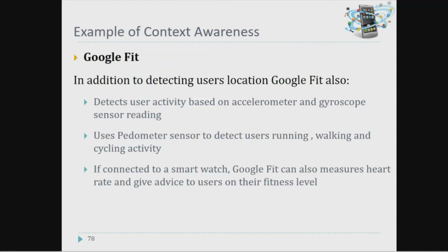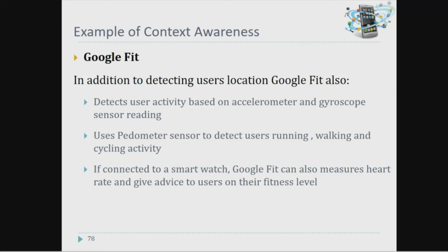An example of context awareness is Google Fit. In addition to detecting user location, Google Fit also detects user activity based on the accelerometer and gyroscope sensor readings of your phone. It uses the pedometer sensor to detect user running, walking, and cycling activities.